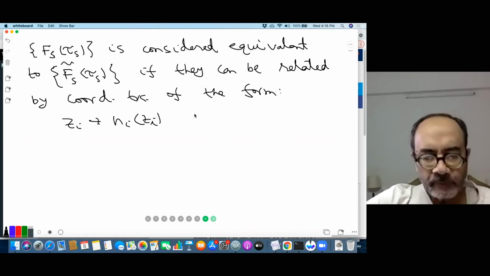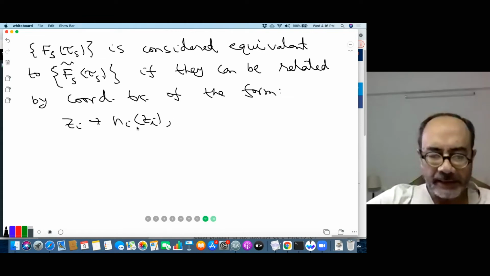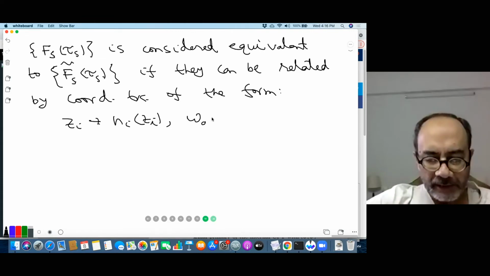Outside it doesn't matter, which means there can be singularities inside the holes, because the holes are not part of Si. And WA goes to some h tilde A of WA.